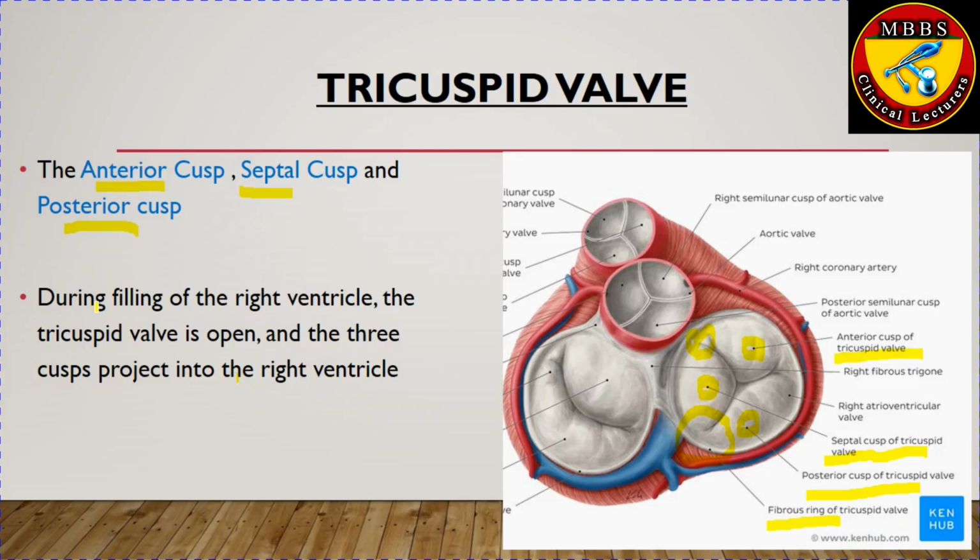Now during filling of the right ventricle, the tricuspid valve is open, because the blood will enter into the right ventricle from the right atrium. Hence, the gateway is open. And now the three cusps project into the right ventricle.